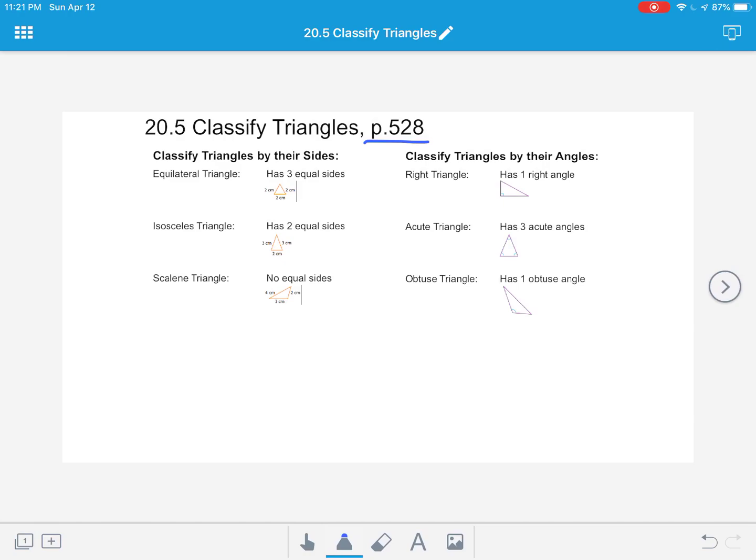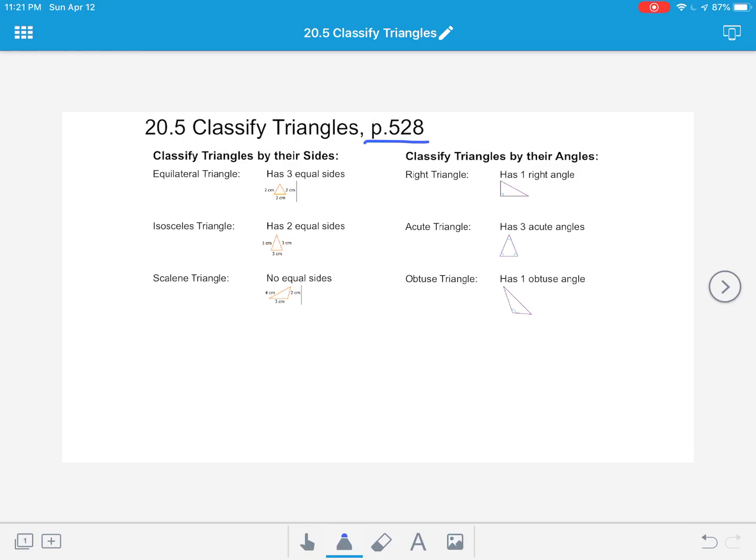Today's lesson is going to be another lesson very heavily reliant on vocabulary. It's going to be really important that you have this vocabulary written down for yourself so that you can come back to it later. We have two different ways to classify triangles. Each of these terms is going to be a very important piece for you to remember.